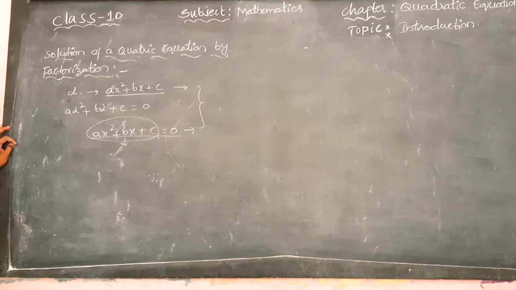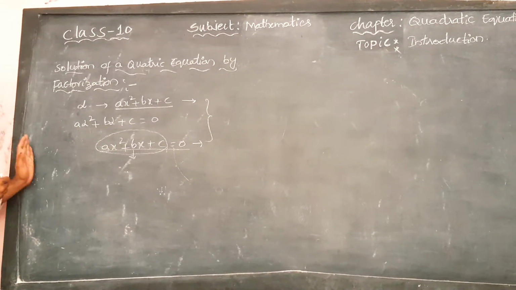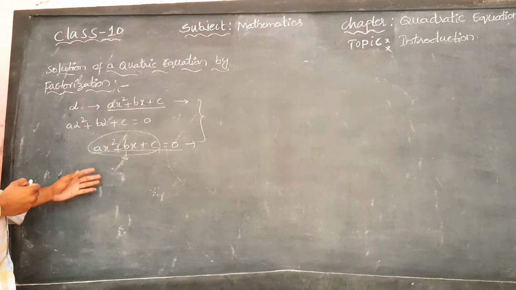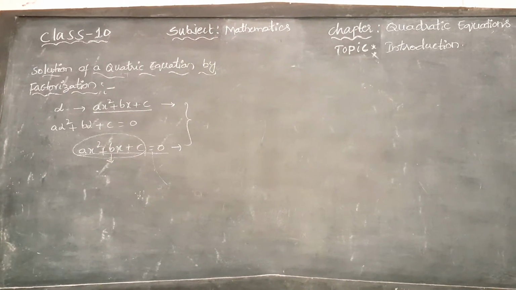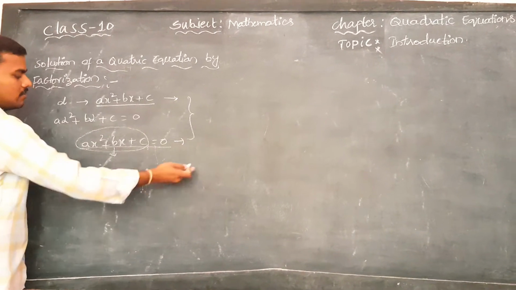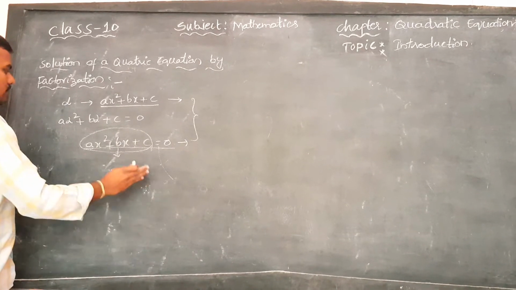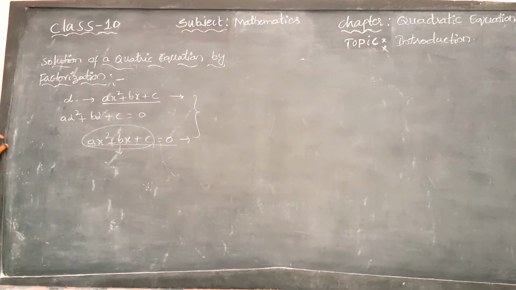So we find the root value from each factor, and we can get the roots of the quadratic equation.